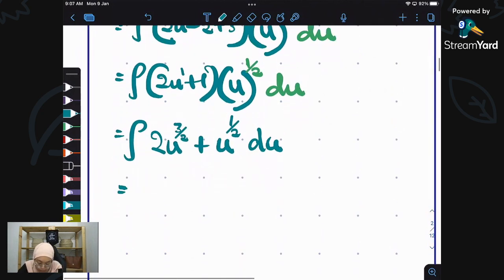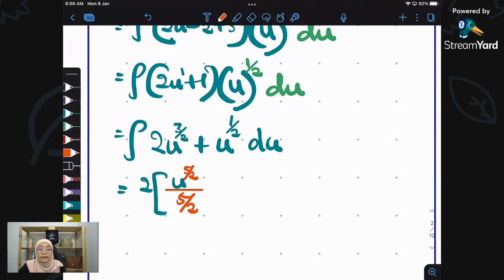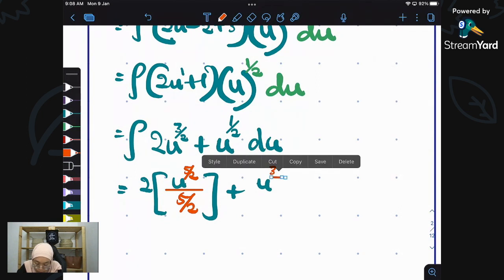The answer is 2 times u to the power of, what is this? 5 over 2, am I right? Over 5 over 2. So this orange color means that I already integrated. Plus u to the power of 3 over 2, over 3 over 2.